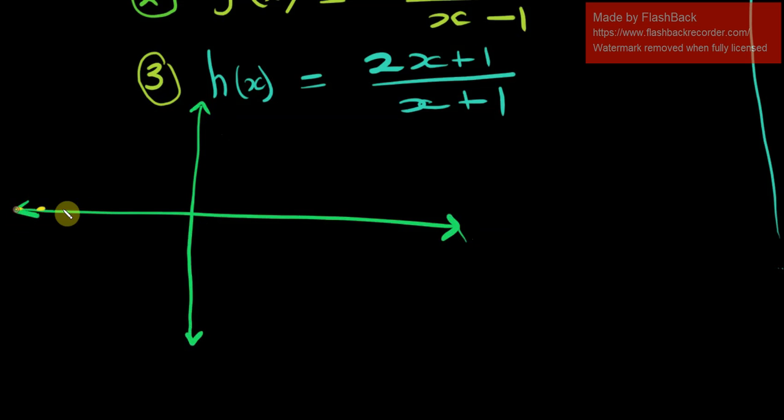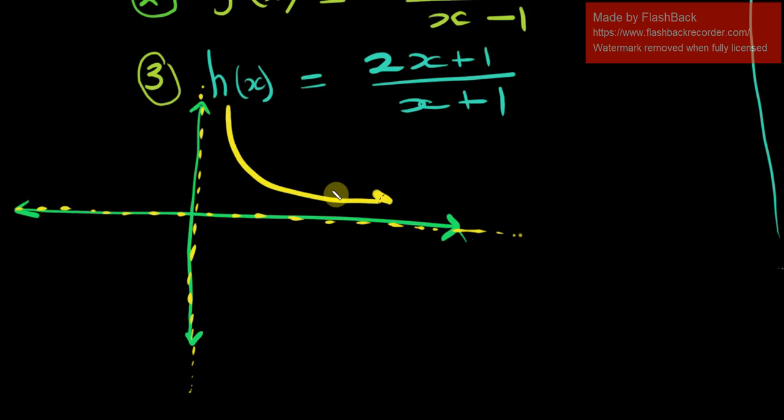It had a horizontal asymptote at the origin, and it had a vertical asymptote also at the origin, and the graph looked like this.